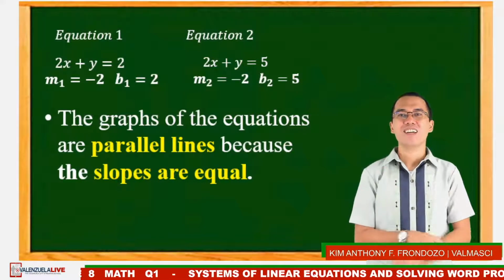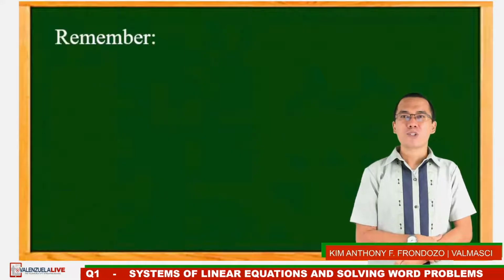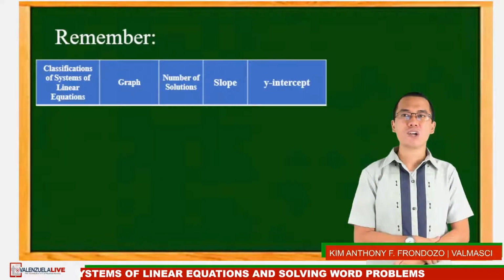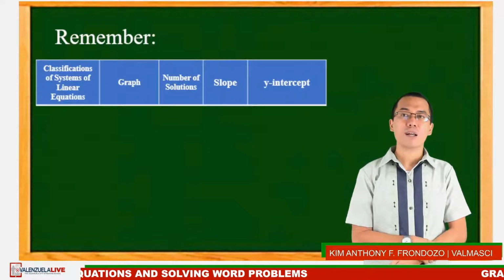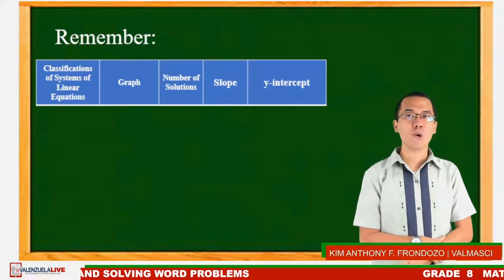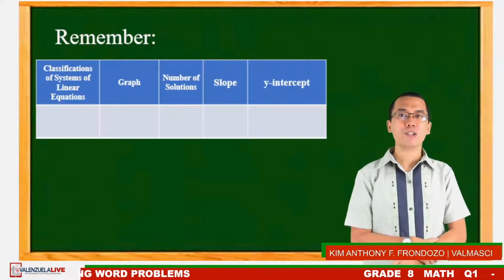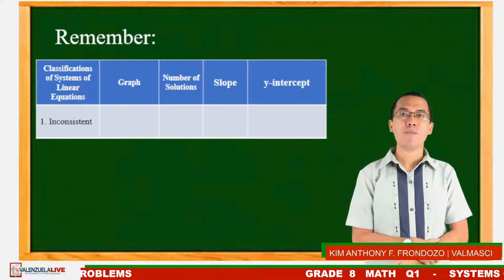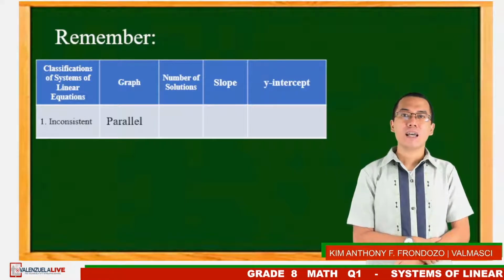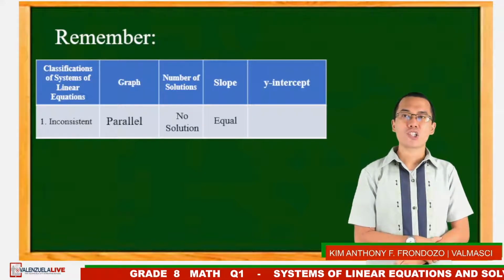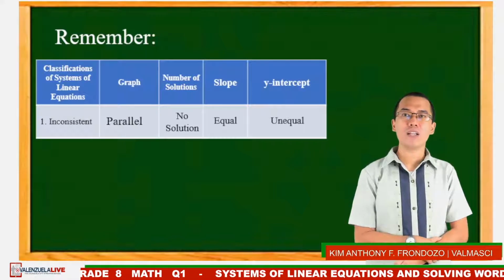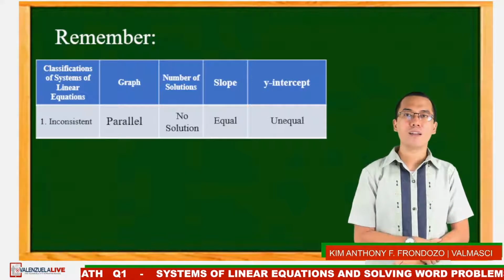Very good. Now remember the different classifications of systems of linear equations, with their graphs, number of solutions, slopes, and y-intercepts. For the inconsistent, we have parallel lines, no solution, the slopes are equal, and the y-intercepts are unequal.